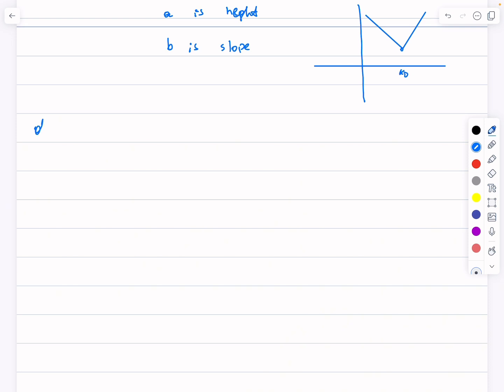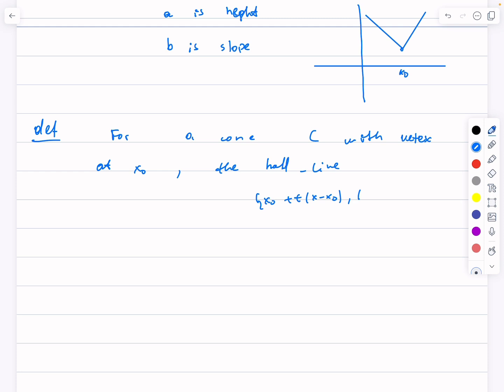Now the definition of a half cone or half line. For a cone C with vertex at x0, the half line is x0 plus t times x minus x0, where t is greater or equal to 0.